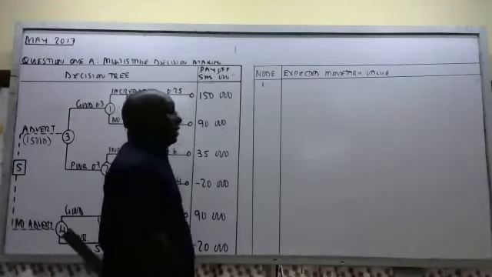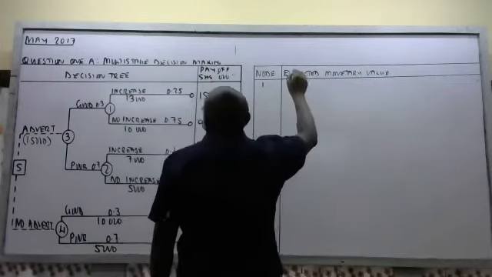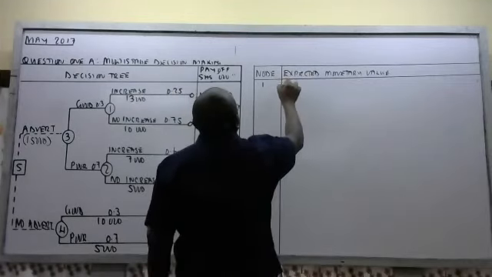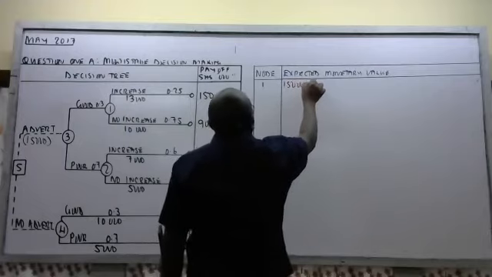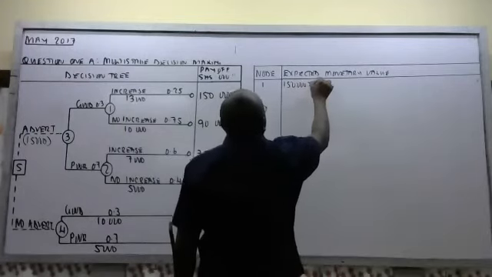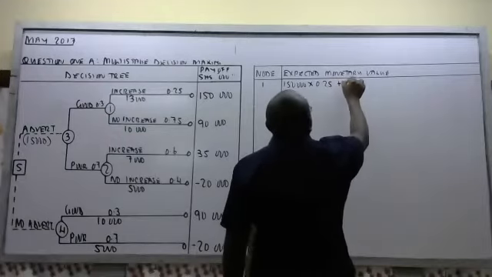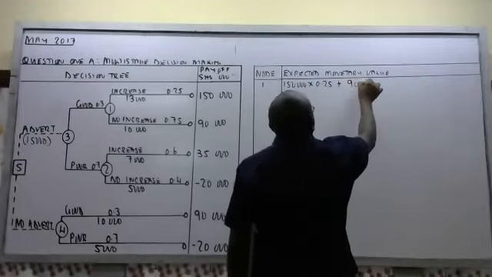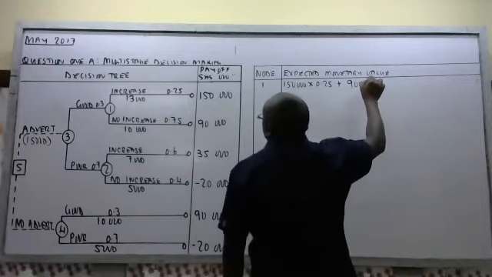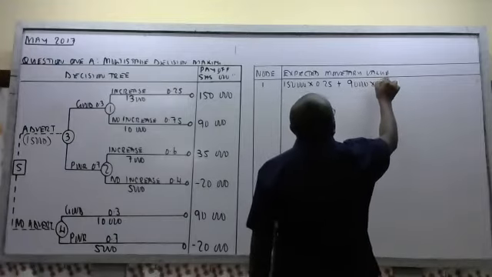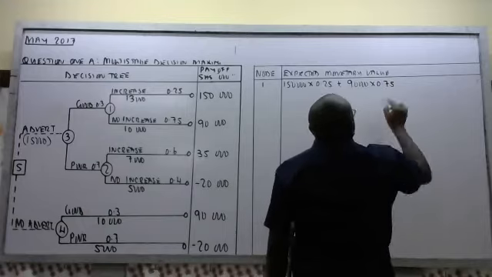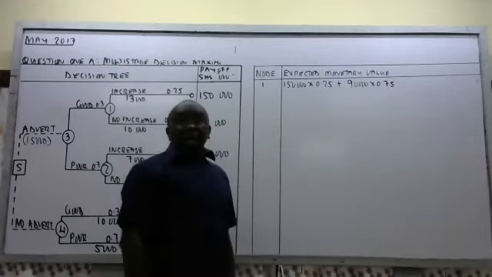So now node 1 will be 150,000 multiplied by 0.25 plus 90,000 multiplied by 0.75.